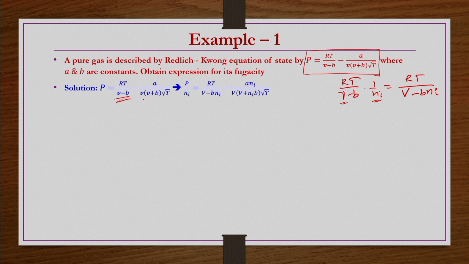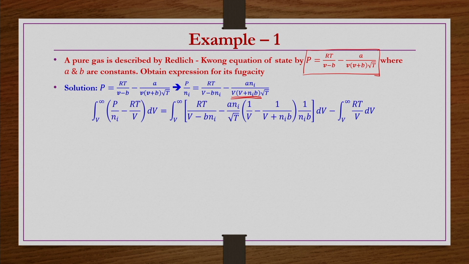Similar rearrangement for the second term gives A Ni by capital V multiplied by capital V plus Ni b, square root of T. Now in the next step I will separate 1 by V plus Nib into two terms so that I can do the integration easily.